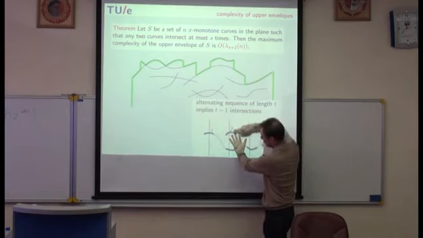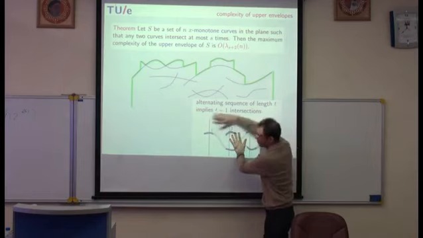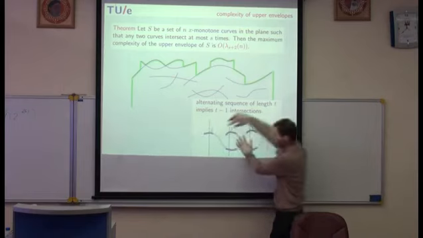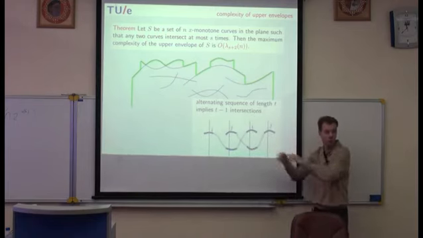But now it can happen that this one simply ends here, so there's no intersection here. That can happen for the leftmost one and for the rightmost one, but in between you must always have these intersections.